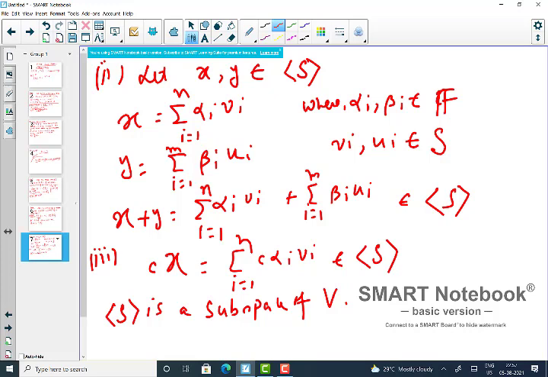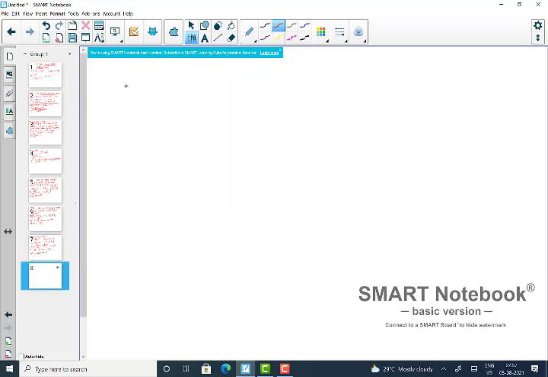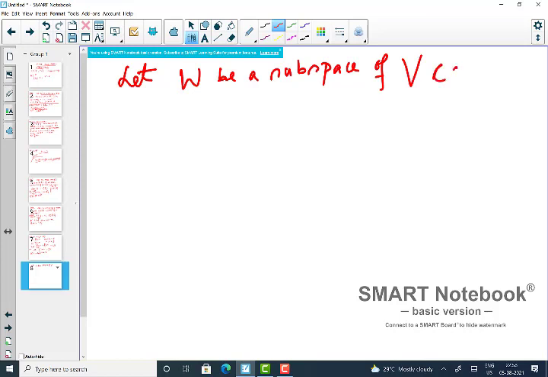Now we need to prove one more thing. We need to prove that this is the smallest subspace containing S. To prove that, let us choose another subspace, say W, be a subspace of V containing S. So S is sitting inside W. Then what is our claim?